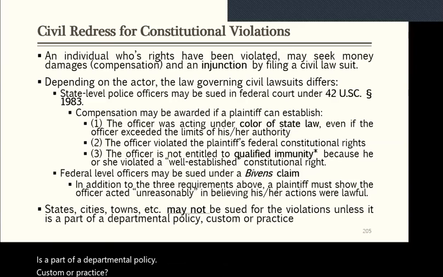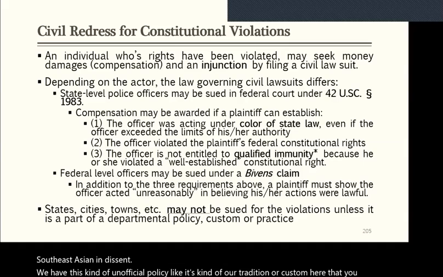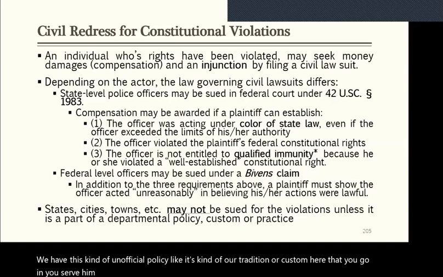Right, so the idea here is, if the subject that you are serving is Southeast Asian in descent, we have this kind of unofficial policy, like it's our tradition, our custom here, that you go in, you serve them, you hand them the warrant, and you start going through the house, and then you just start beating the crap out of them.